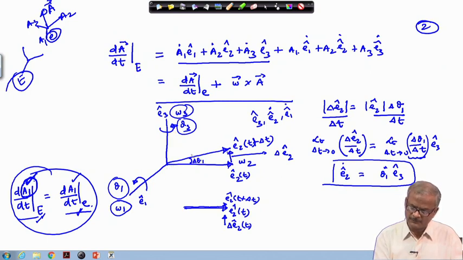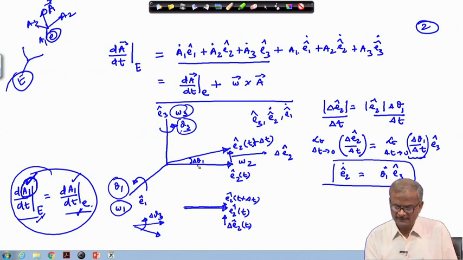Now, if you rotate about this, this vector will go inside the page, so E2 is going inside the plane. This change is taking place because of theta 3, and we indicate this angle by delta theta 3. So, the rotation will be by delta theta 3.